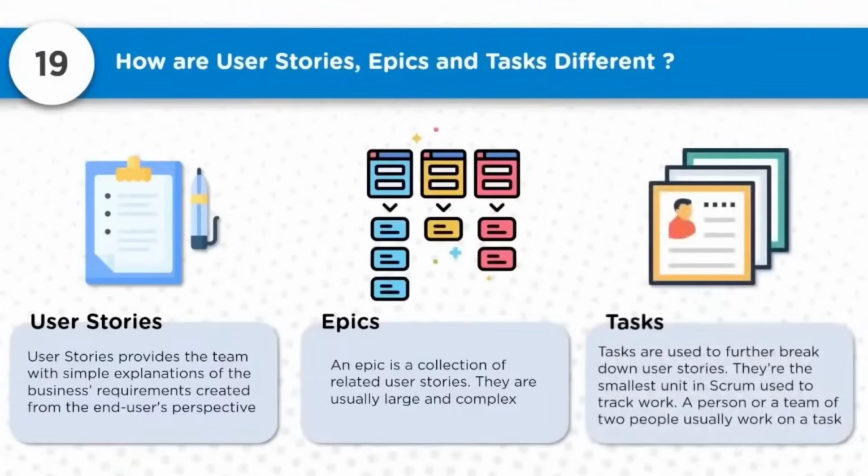Whereas a task is used to track work. Tasks are further broken down from the user stories. It is the smallest unit in Scrum used to track work. A person or two people usually work on a task. Through these tasks, the features and functionality that are required are accomplished.